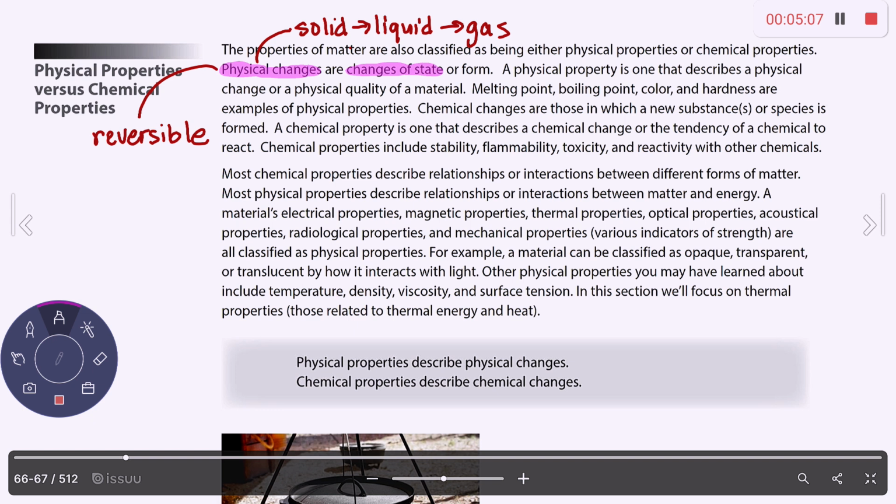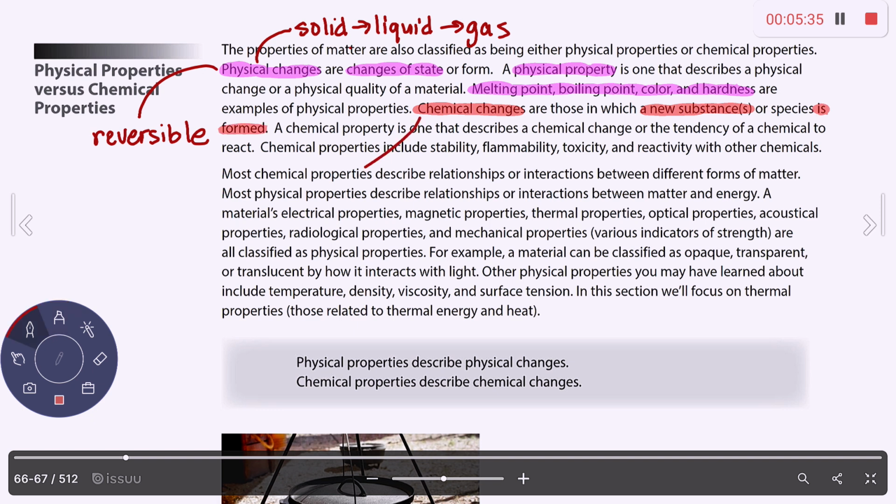Okay. Examples of physical properties which can be used to identify something would be the melting point, boiling point, color, hardness of something. Okay. Let's talk about chemical changes for a second. Chemical changes are when a new substance is made.